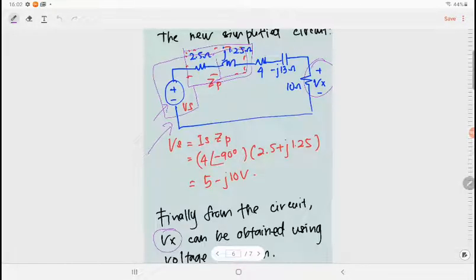You can find the value of Vx by using the voltage divider, taking the value of the impedance at Vx, which is 10 ohms, divided by the total impedance. In this case, all impedances are in series, so you need to sum all the impedances, times your Vs, guys, right?